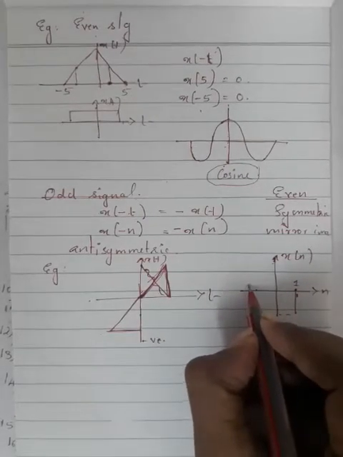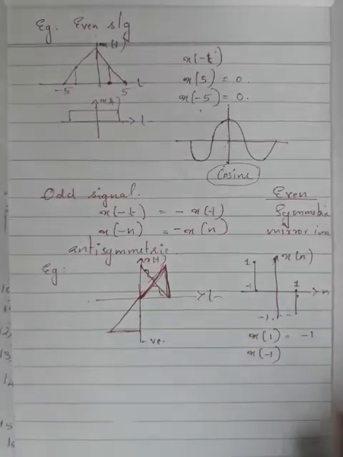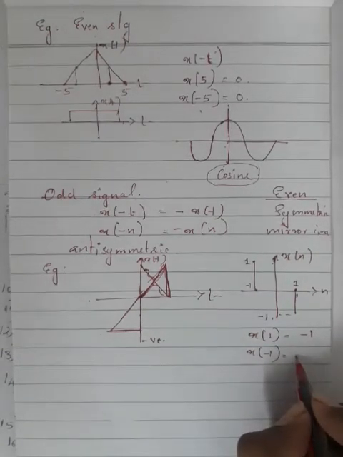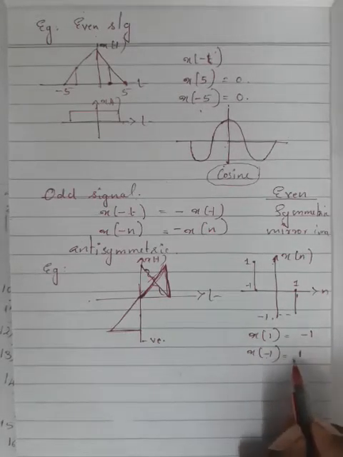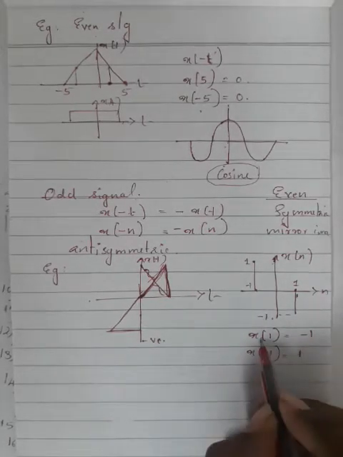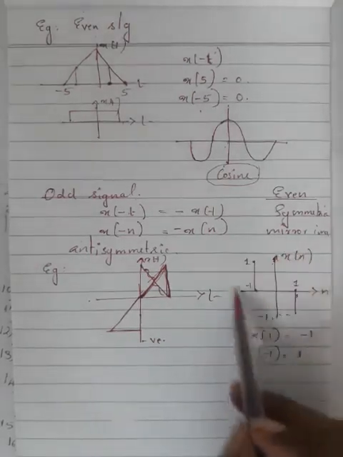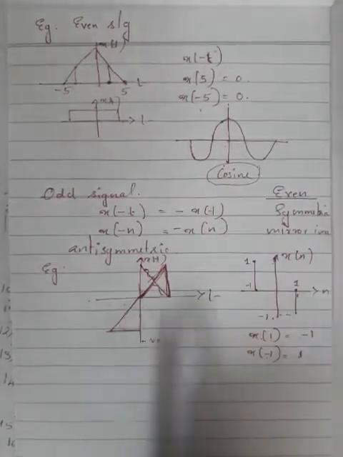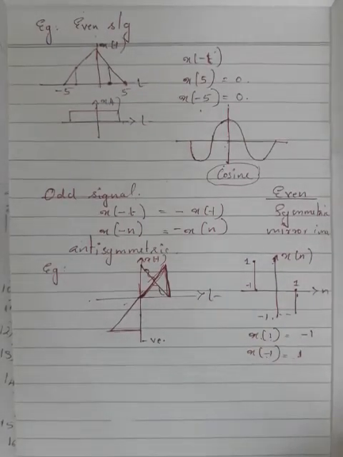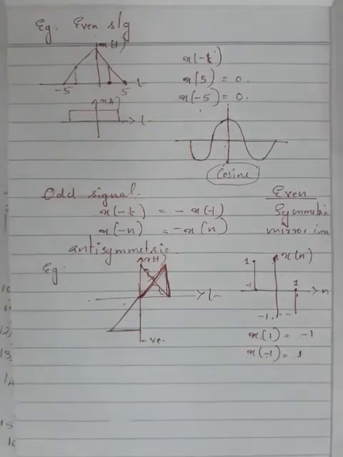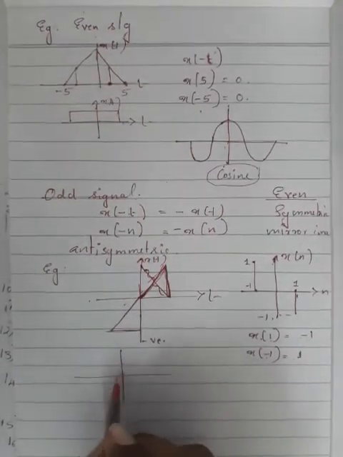This is minus 1, and the amplitude is 1. That is, x of minus n is equal to minus of x of n. Then we can say that it is an odd signal. These two are examples of odd signals. Now let's see another example, the sine wave.